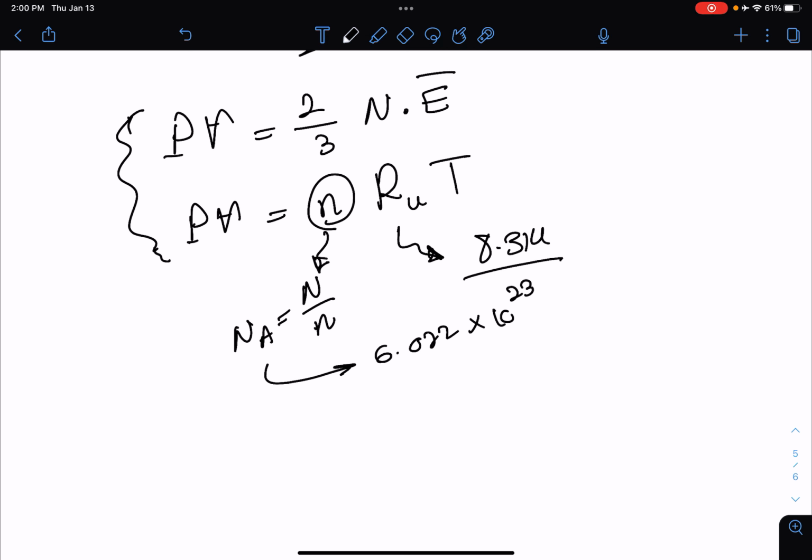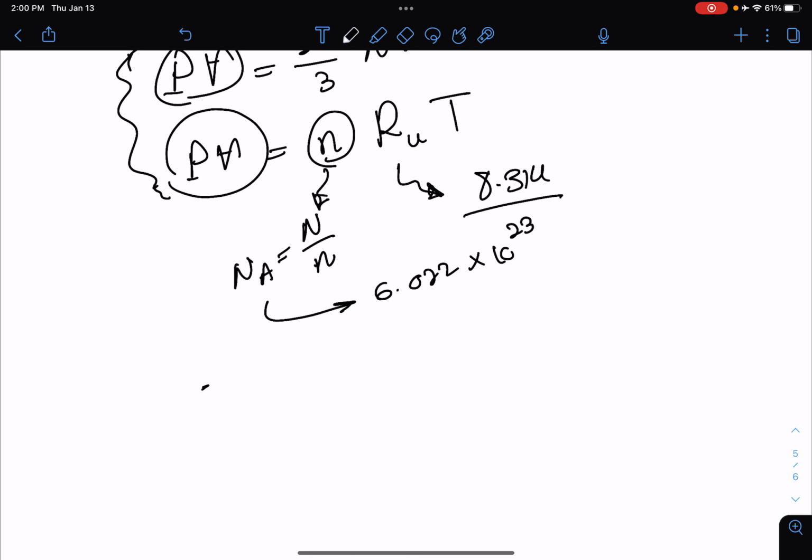So we have two relationships for PV, and we can set them equal to each other. And we can have a relationship between the average kinetic energy of a system and temperature. It's going to be 3 divided by 2 times the Boltzmann constant multiplied by temperature.